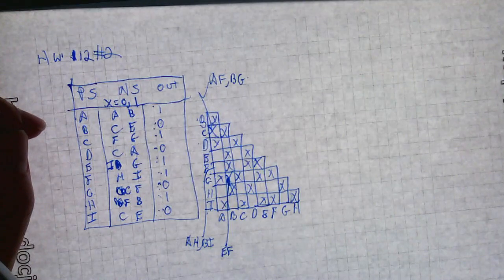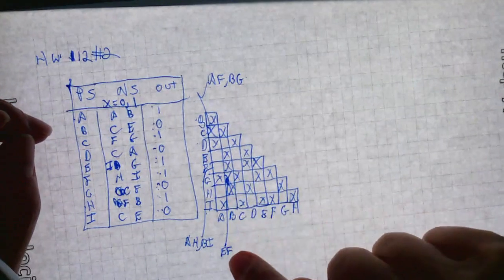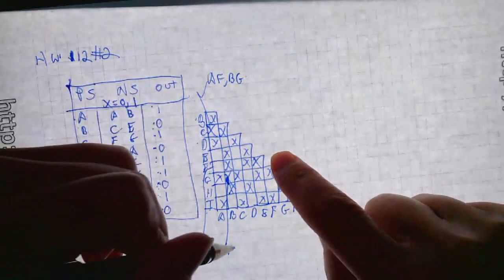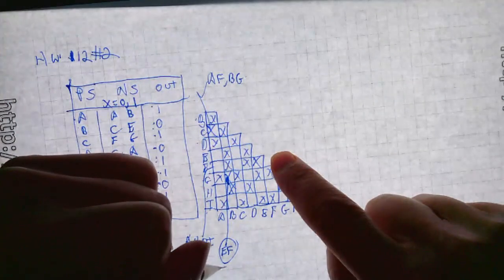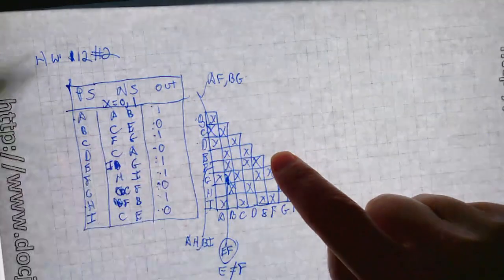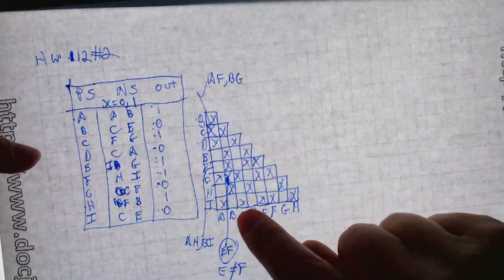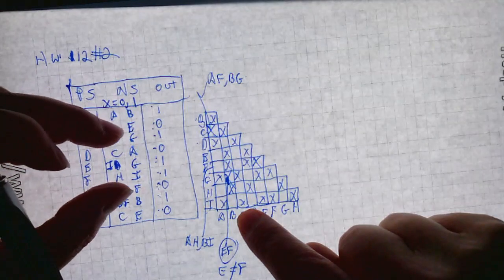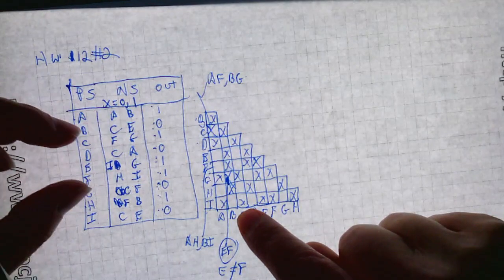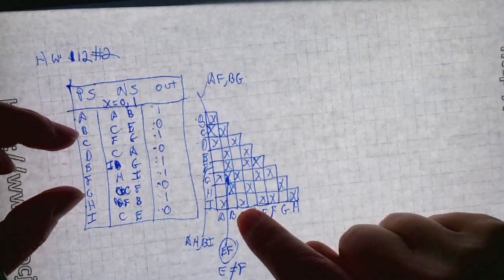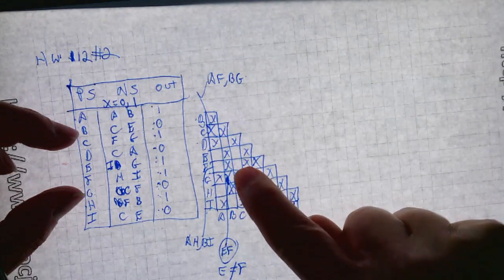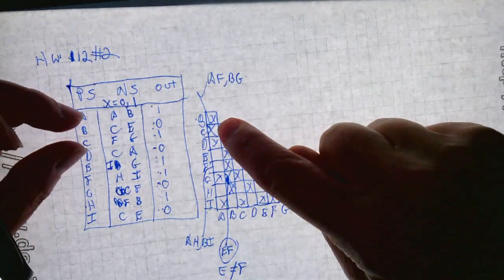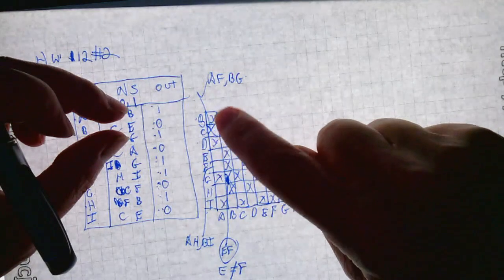Once we determined that, see here, E and F has an X. So E is not equal to F. And what we knew from B and G was that C had to be equal to C, and that's okay, but also that E had to be equal to F. Since E does not equal F, I can say that B does not equal G. Well, if B doesn't equal G, then I also know that A cannot equal C, because A only equals C if B equals G. So I got another X in here.